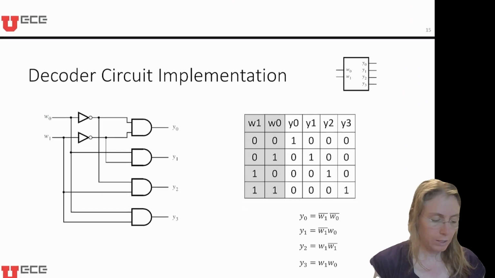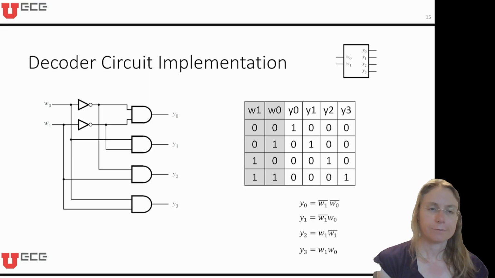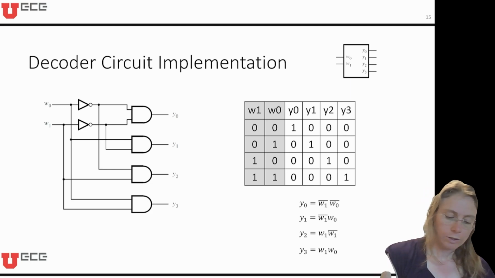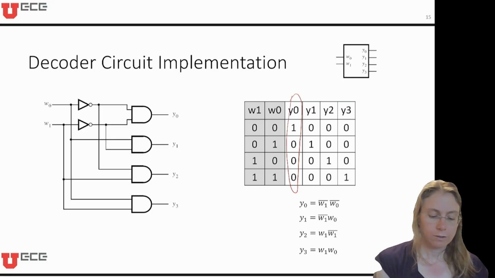Okay, let's take a peek at the circuit that will implement this. For Y0, we have to look at each output individually. And so Y0, what does that look like to you?